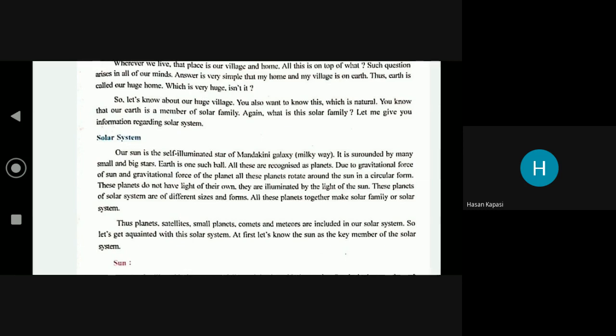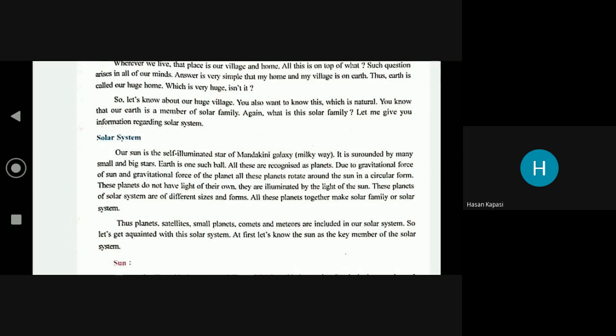So, our sun is a self-illuminated star of the Mandakini galaxy, and that is the Milky Way. It is surrounded by many small and big stars. Earth is one such ball. All these are recognized as planets. What are they recognized as, beta?